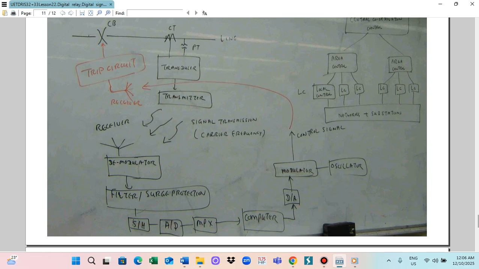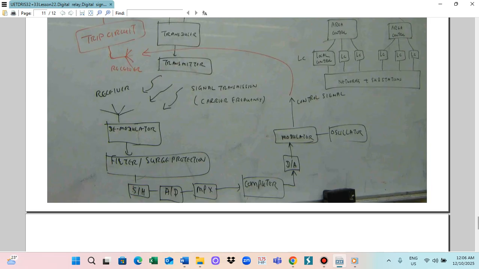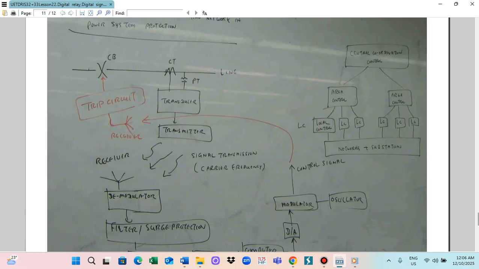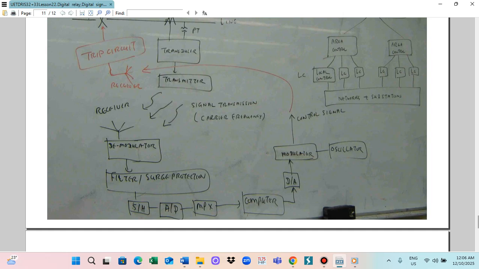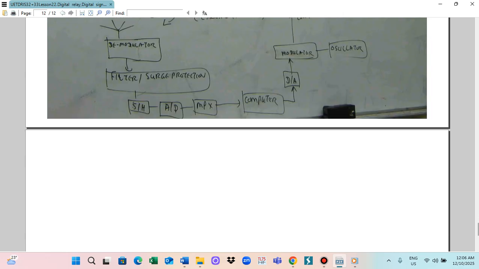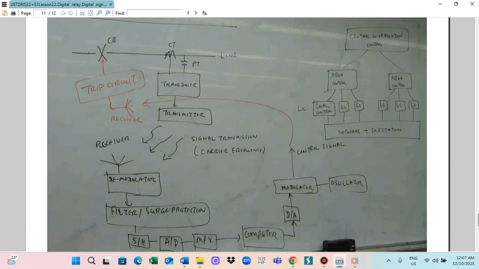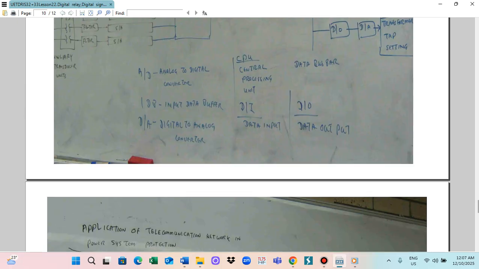Okay, from this computer, we can put the output signal connected to the digital to analog converter, and go to the transmitter. This goes to the modulator. Modulator means we combine the signal with the carrier frequency.